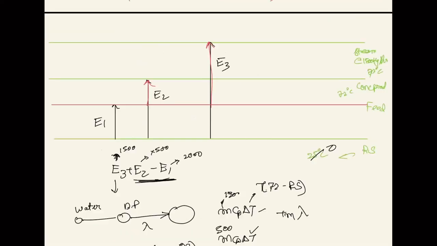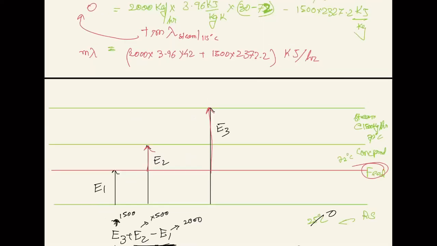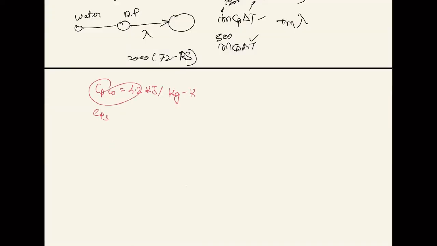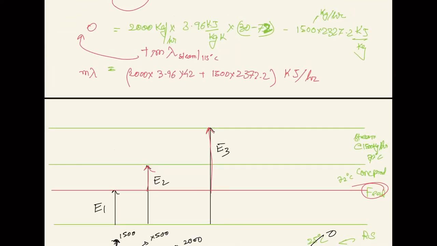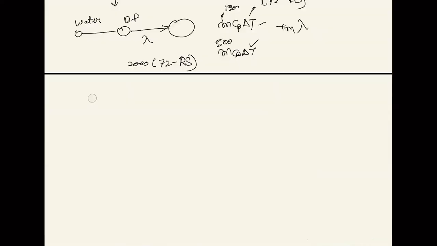Here what I said is taking the feed into picture. I am now removing the idea of requiring these values explicitly. I am now trying to use the values that are provided to me. What I am saying is, to go from here to here, what am I doing? I take the solution, I heat it to 72 degrees Celsius.